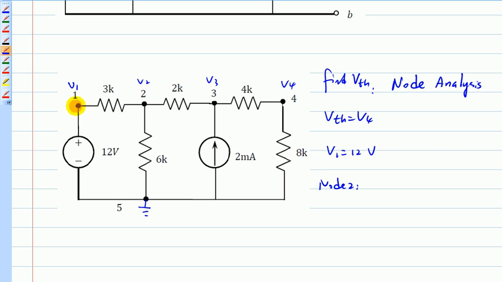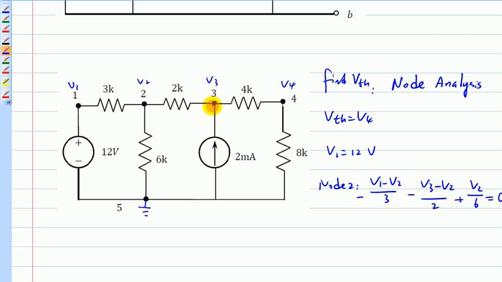Let's say V1 is higher than V2, so you have current flowing here. So (V1 minus V2) divided by 3 is the current going into this node. Generally, you call current going into the node negative. And if V3 is higher than V2, that's the same thing, going into the node. Then V2 is going out here, and that equals 0. So you have one equation for this node.